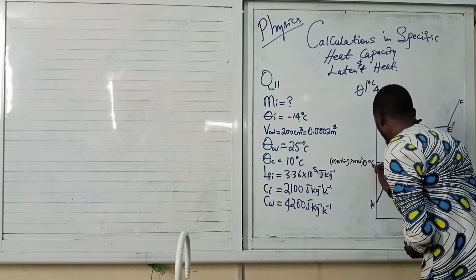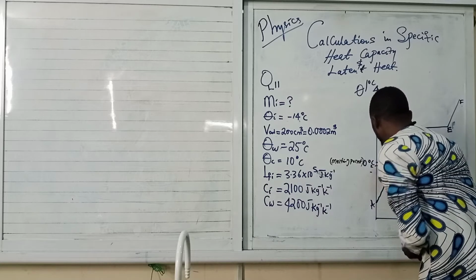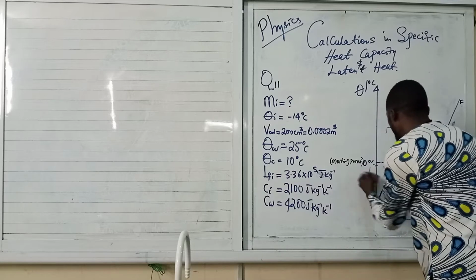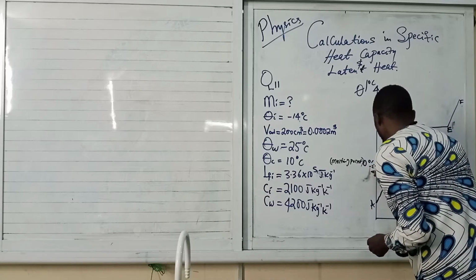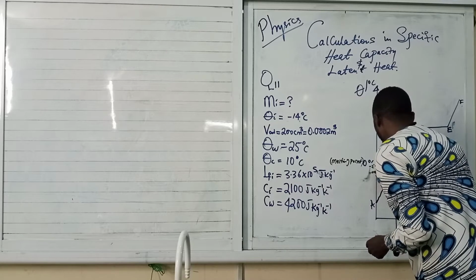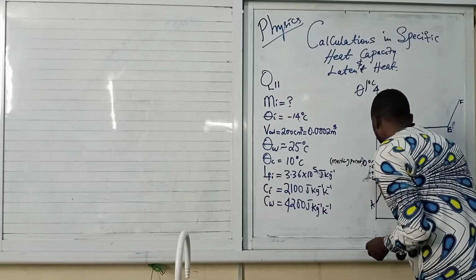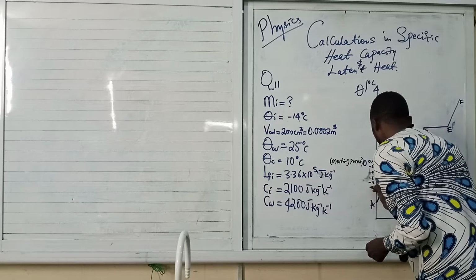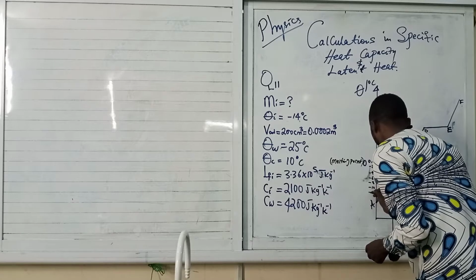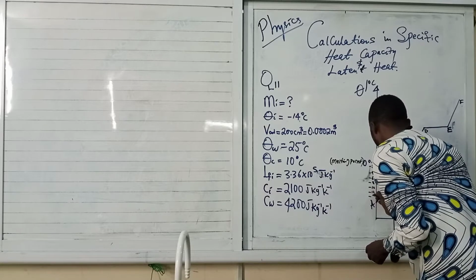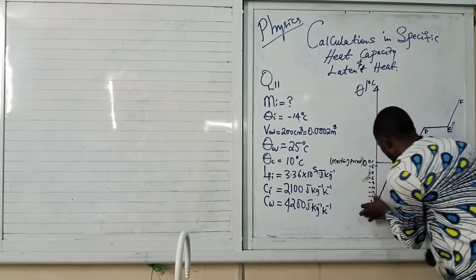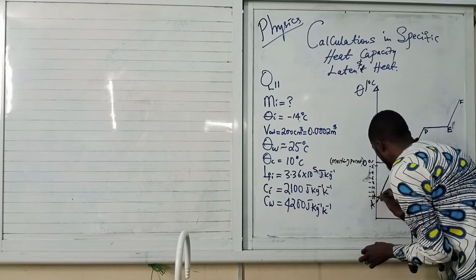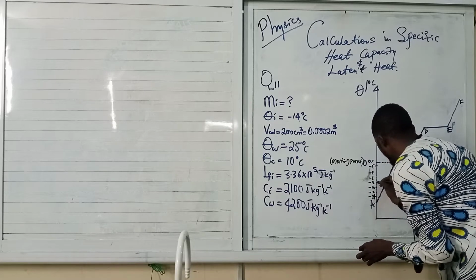So this is -2, -4, -6, -8, -10, -12, -14. -14 is down here. So this is what we have.